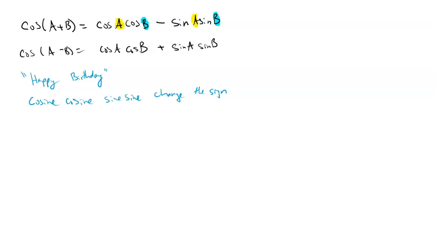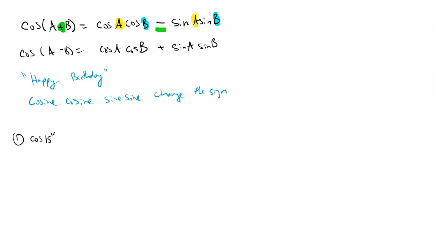So again, whatever sign we see in between our two values, it will be the opposite in between our two sines and cosines. So let's try a couple examples.